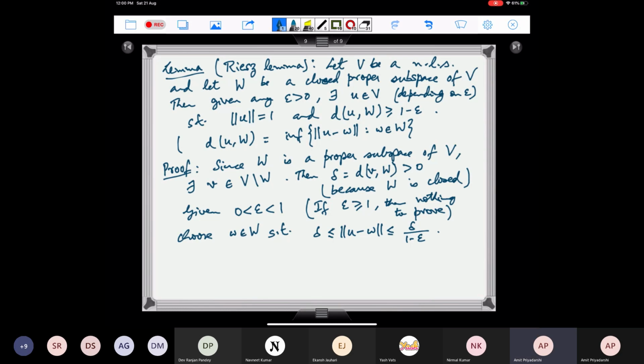So now we will define the vector u which will do. Let's put u equal to v minus w. Okay, this is not u, this was v. So u is v minus w divided by norm of v minus w.